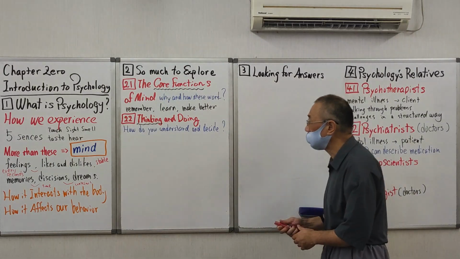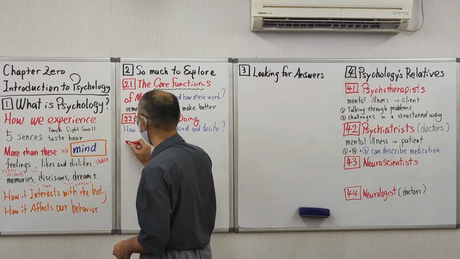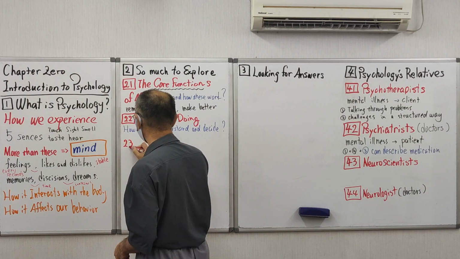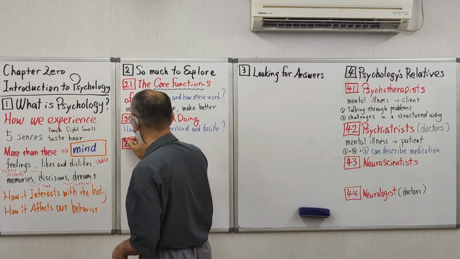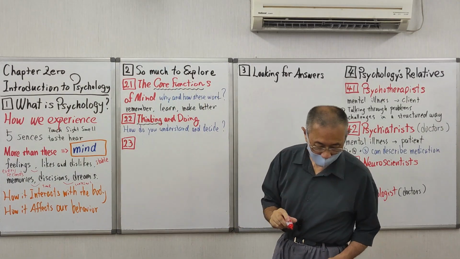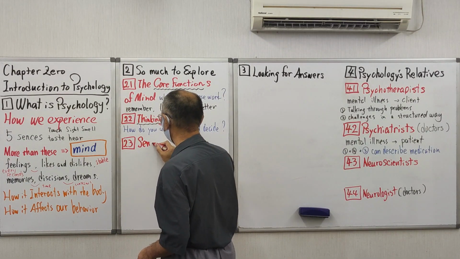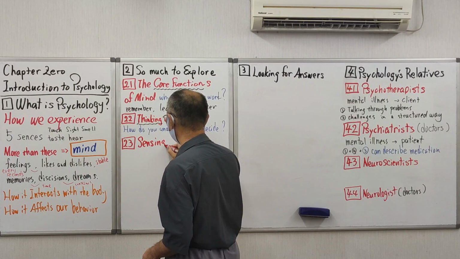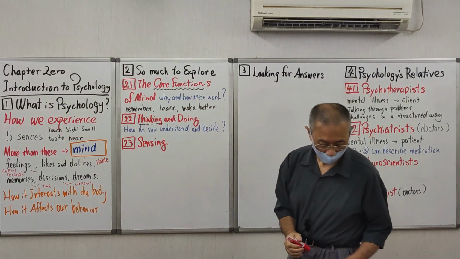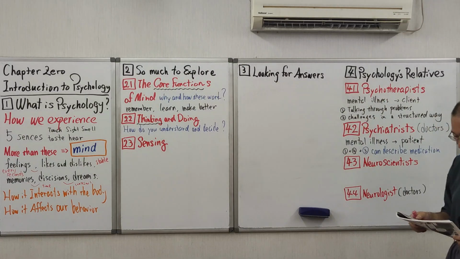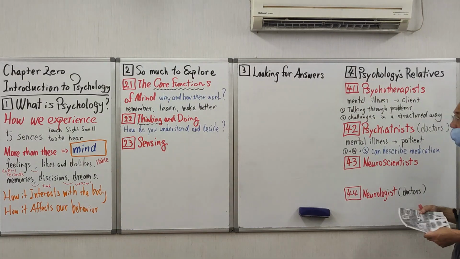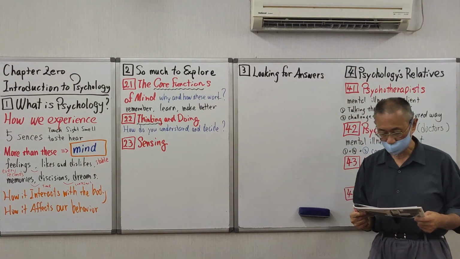Then number three is sensing. Sensing usually involves the five senses.